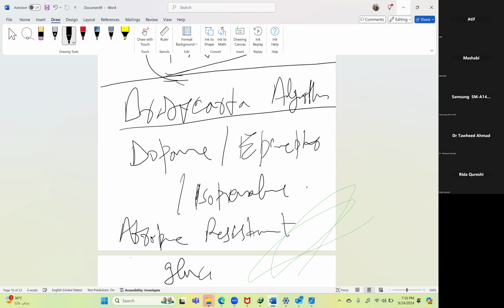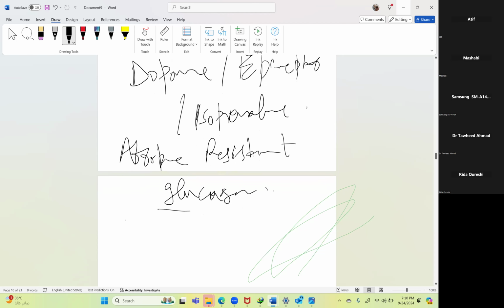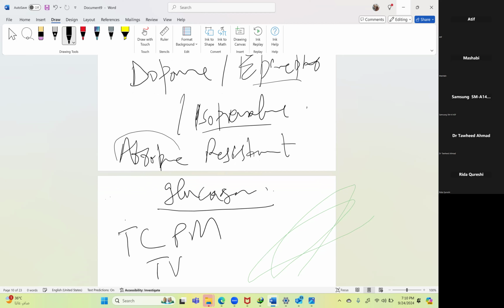Glucagon, isoprenaline, ephedrine. Yes, direct acting, not through vagolytics. It's like dopamine or epinephrine or isoprenaline, glucagon, beta agonists. And what next? Pacing: transcutaneous pacemaker, or transvenous pacemaker. So these are the steps for bradycardia.